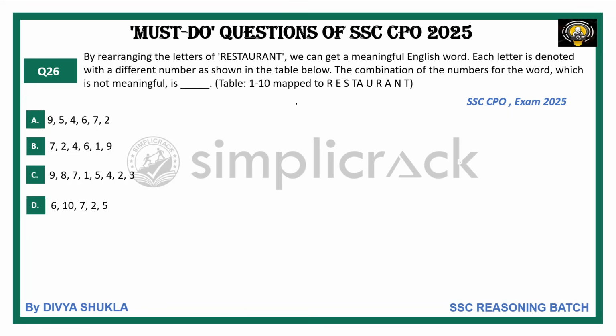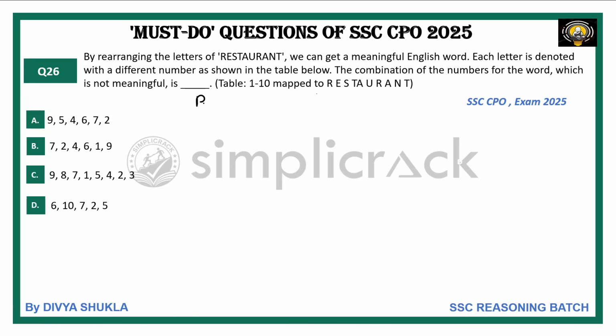By rearranging the letters of the word restaurant, we can get a meaningful English word. Each letter is denoted with a different number as shown in the table below. We need the combination of numbers for the word which is not meaningful. Let me show you how.